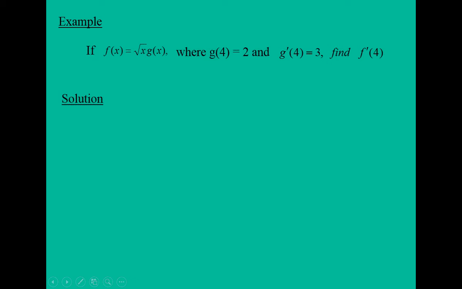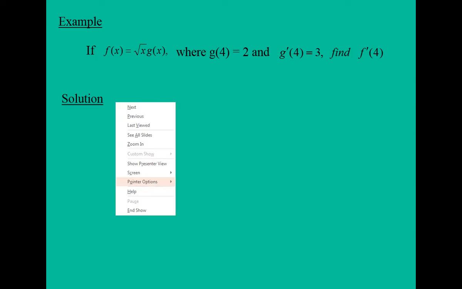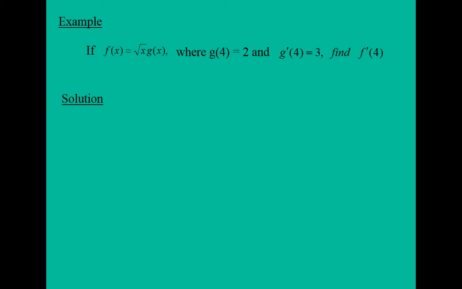So we have f of x equals the square root of x times g of x, where g of 4 equals 2, g prime of 4 equals 3. Find f prime of 4. Well, thinking about this problem, we had to find f prime of 4. So I would be thinking, well, I need to find f prime of x first, because then if I find f prime of x, I could then find f prime of 4.